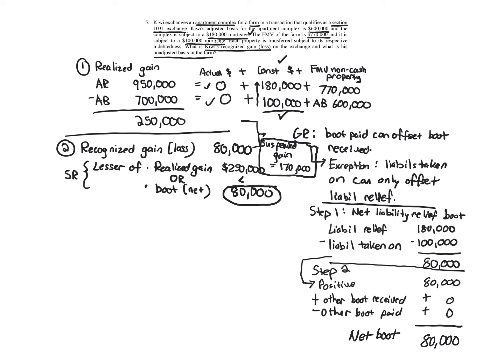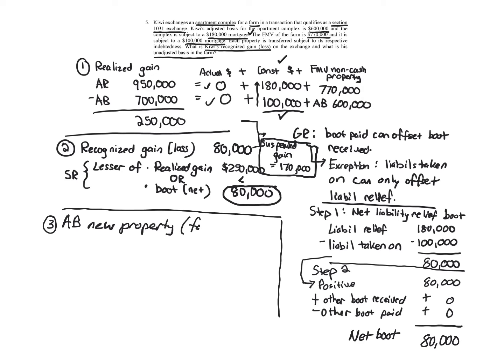Keep that in mind. Now we go to step three. Step three, we calculate the adjusted basis of the new property received by Kiwi, which here is the farm. That's what Kiwi is receiving, is the farm.